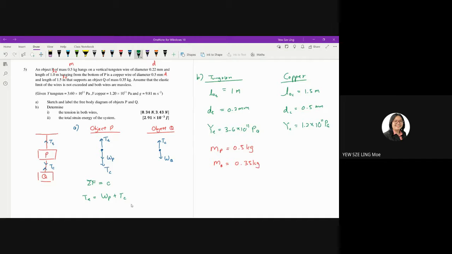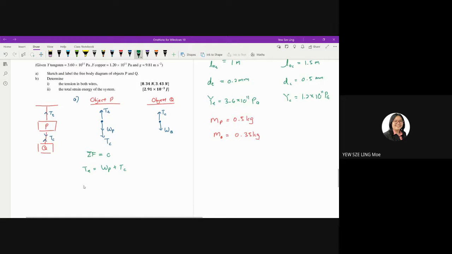Now, obviously, I cannot determine T tungsten straight away, because I only have MP. So T tungsten is equal to MPg plus TC. I don't have TC yet. Therefore, I cannot calculate the tension inside the tungsten wire yet.